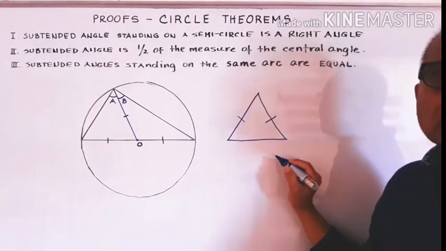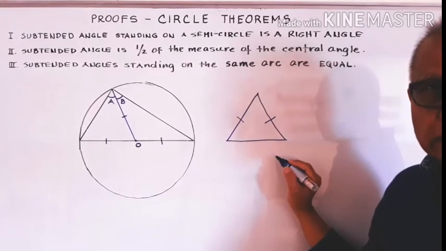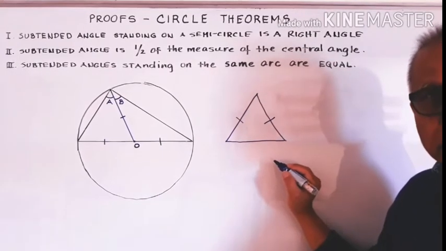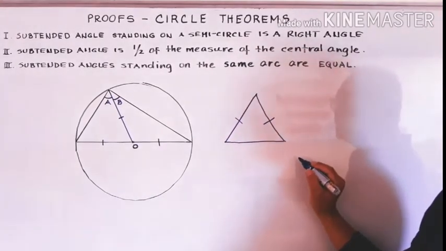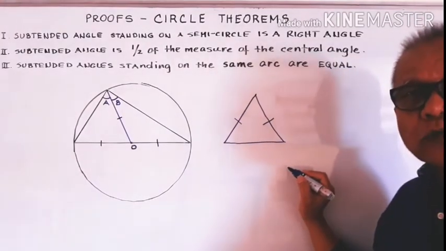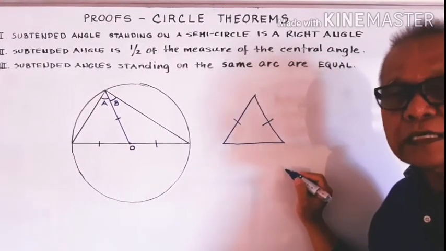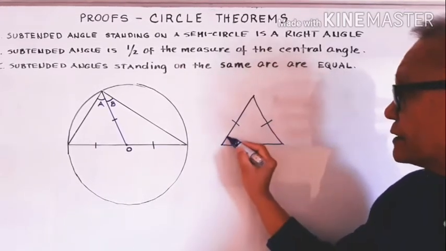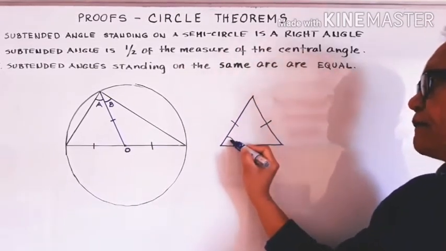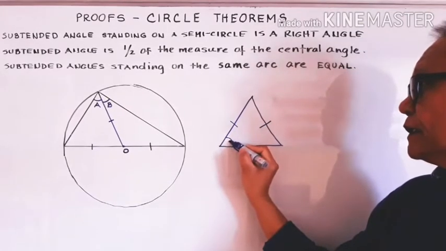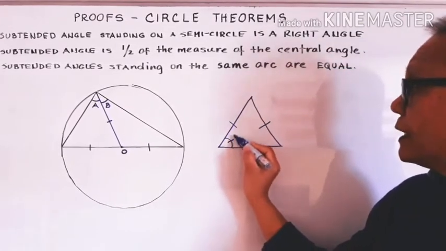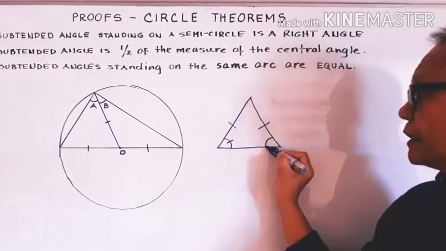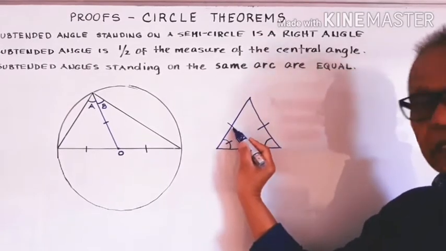We also have two equal angles, the base angles. And where are these base angles? They can be found opposite the two equal sides. So this side, opposite of this side, is this angle here. Therefore, this one is equal to the other angle here, which is opposite of this side.